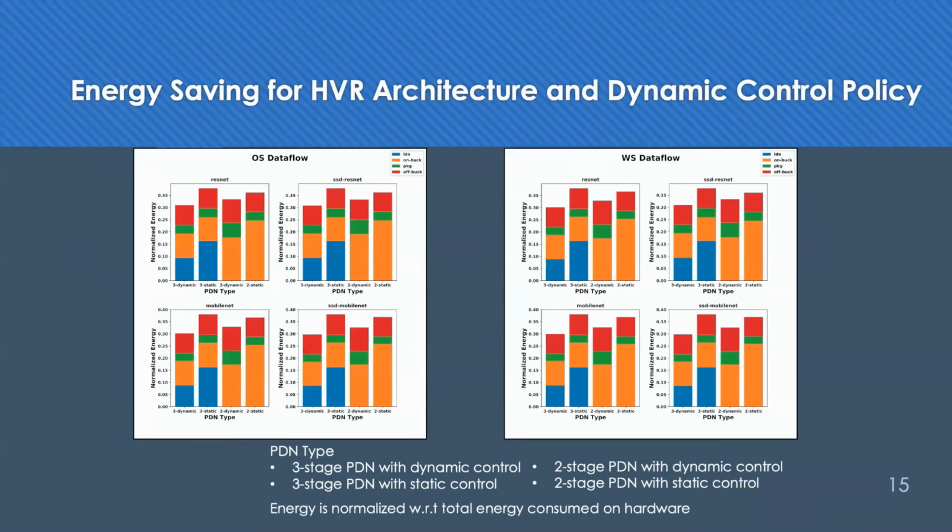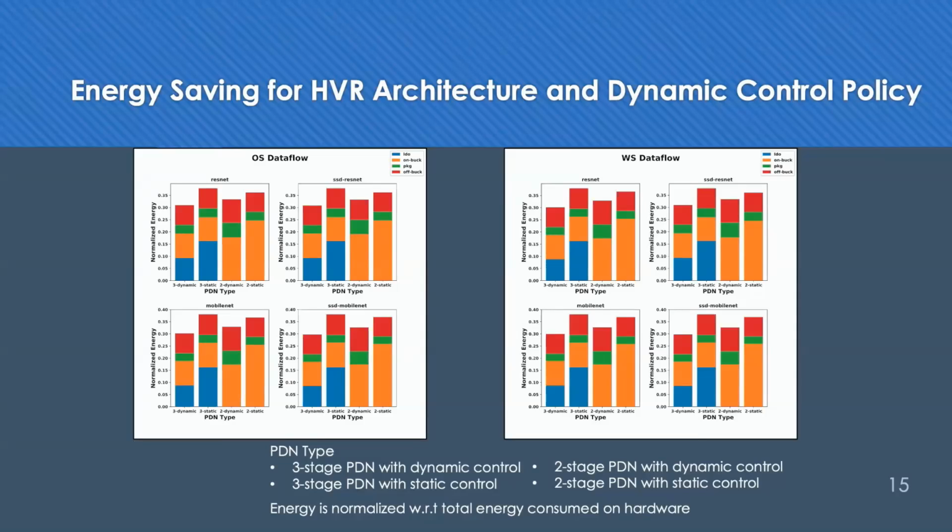For each particular benchmark DNN, all evaluated schemes supply the same amount of energy to an accelerator, while they have different energy overheads due to different PDN setups. The PDN energy overhead is broken down into those of LDO regulators, the on-chip buck converters, the package, and off-chip buck converters.